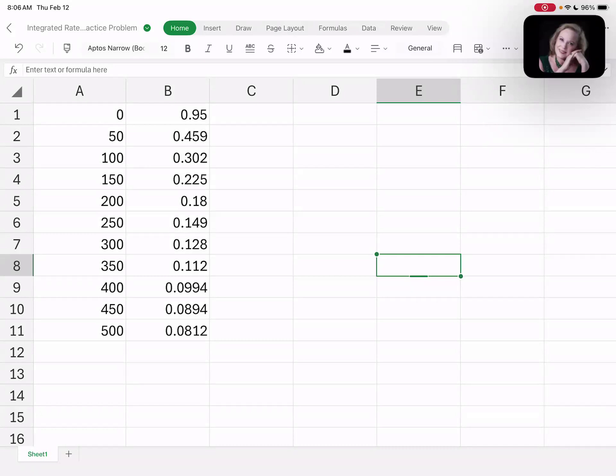Once we know whether it's 0 order, 1st order, or 2nd order, we can use the equations to calculate various pieces of information. For instance, we could ask, at what time in seconds will we reach 0.5 molar? We can use our integrated rate law to determine that.